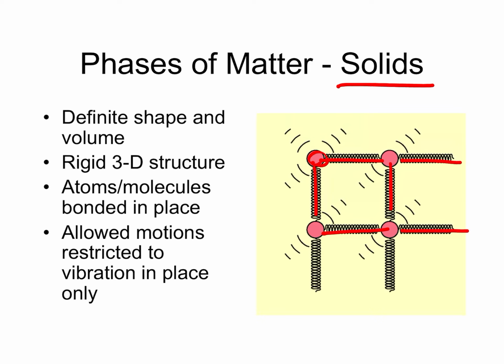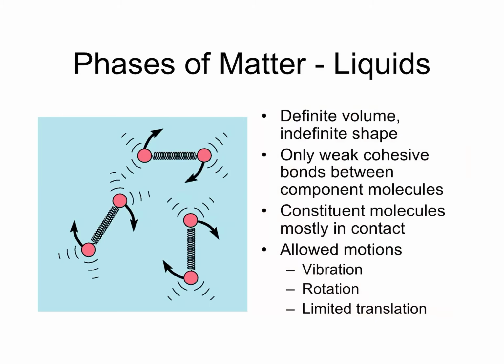Now, these molecules right here can still vibrate. That's what these little lines mean. You vibrate them enough, you can break that bond right there. But for the most part, they can take most of the vibrations and handle it, okay? And they are 3D, and bonded in place.